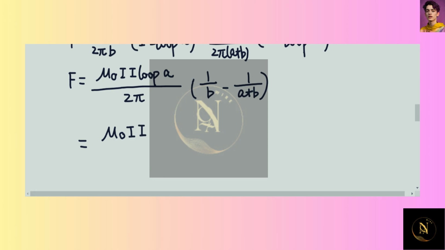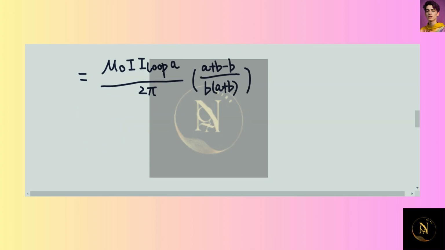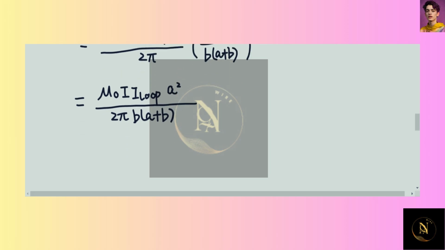If we do some arrangement here, we'll have mu0 I loop times A over 2 pi, and then times B times A plus B, and what's up top is A plus B minus B. Then we'll have mu0 I loop times A squared over 2 pi B times A plus B. And then we know that I loop can be equal to EMF over R, which is the resistance.